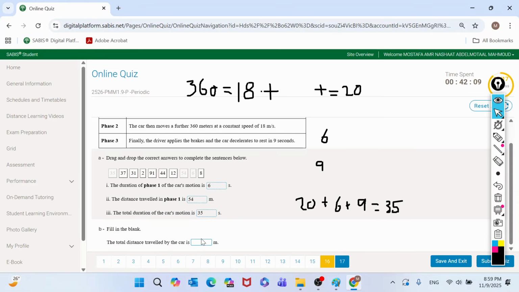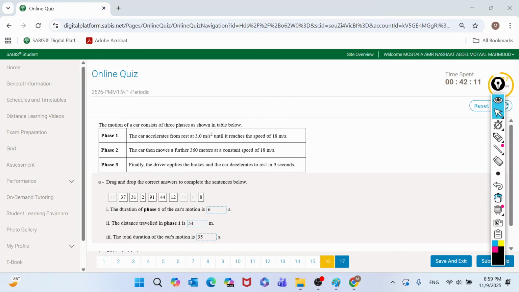The distance traveled by the car. Now we need to find all the distances. Phase 1, we know the distance is 54, we calculated it here. Phase 2, the distance is 360. Phase 3, we don't know it.